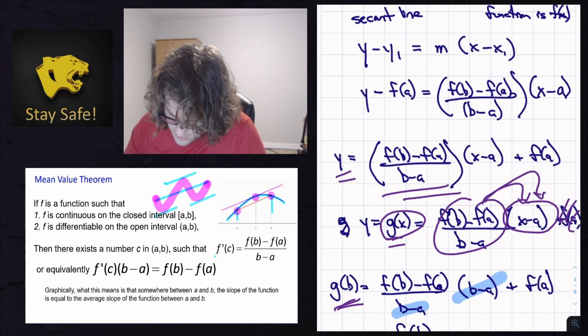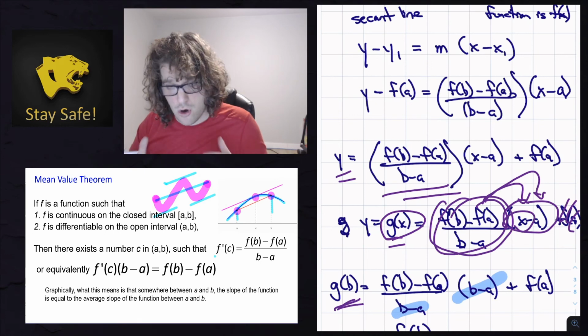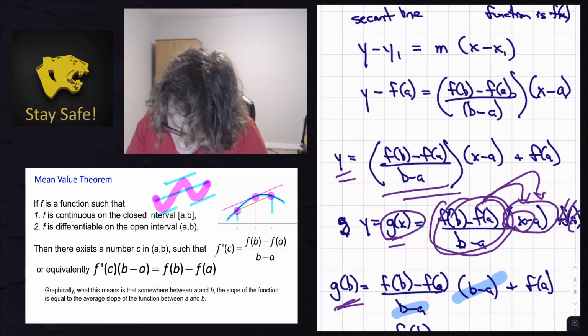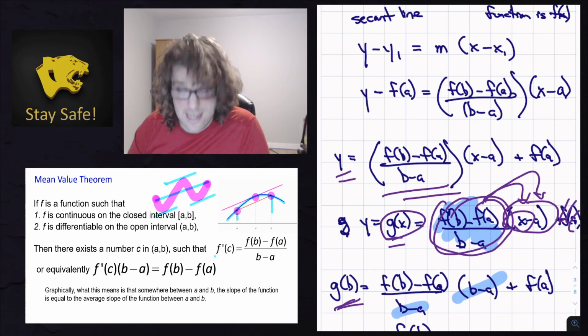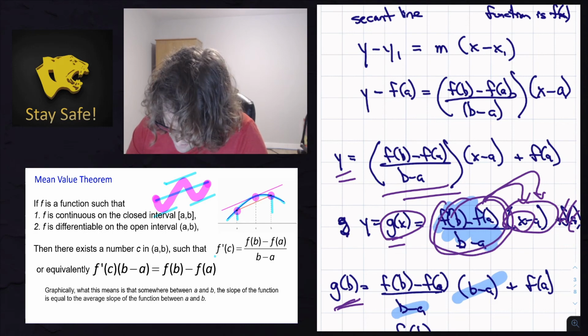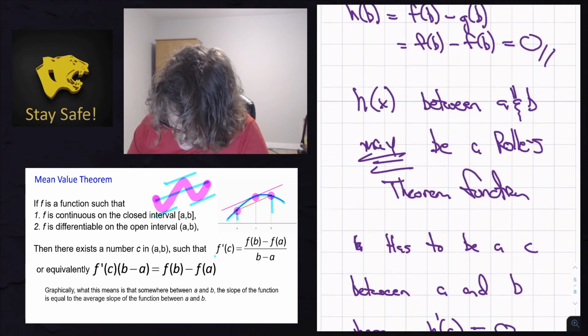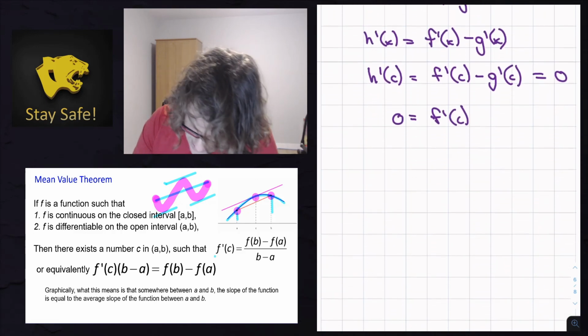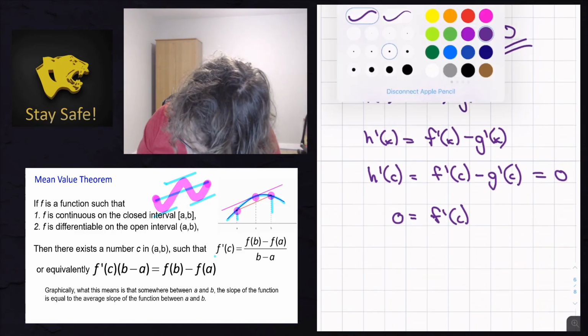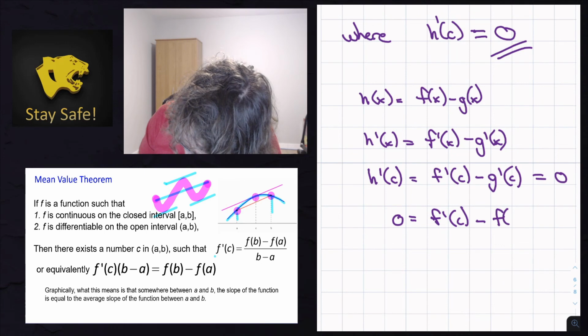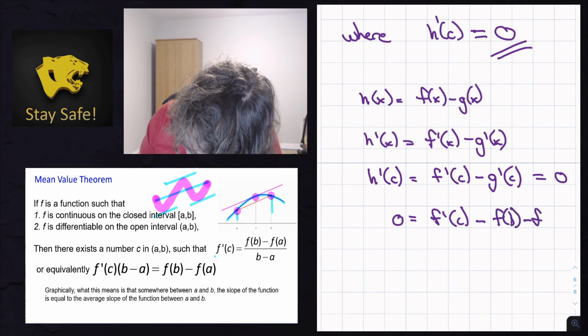The part with the a in it would go away, and this whole thing would become the slope value, or the coefficient on x. So this right here is our slope of g. It's f of b minus f of a over b minus a. So that is f prime at c minus f of b minus f of a over b minus a.